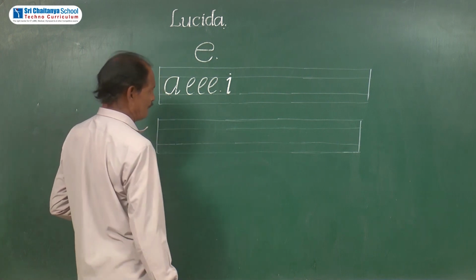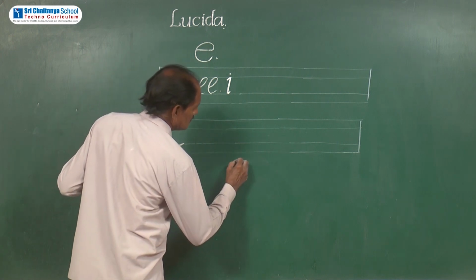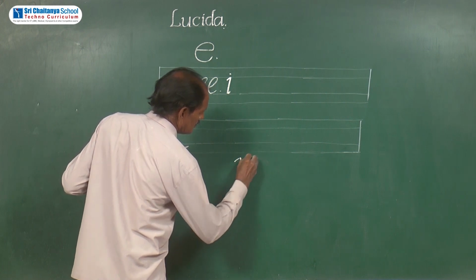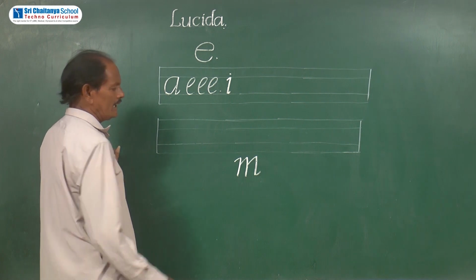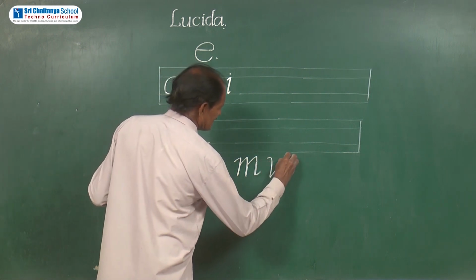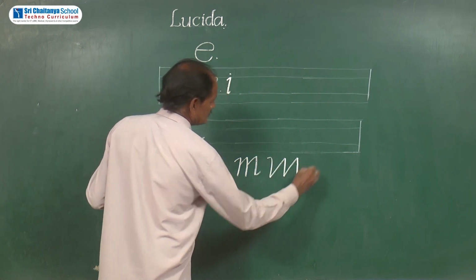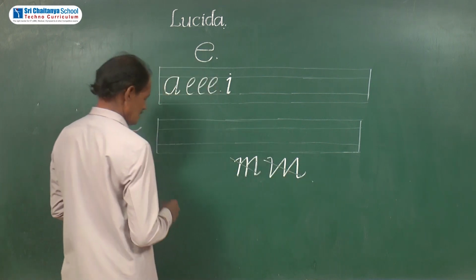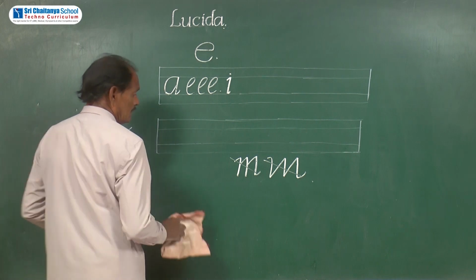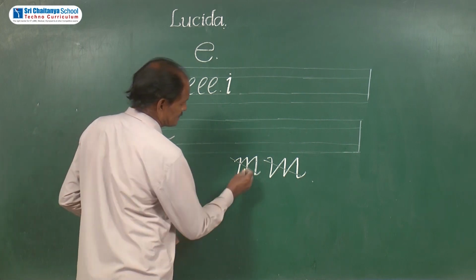And M also. Somebody writes in this way, and somebody writes like this. These two are the wrong ways of writing M. We should not make any angle at the top like this.